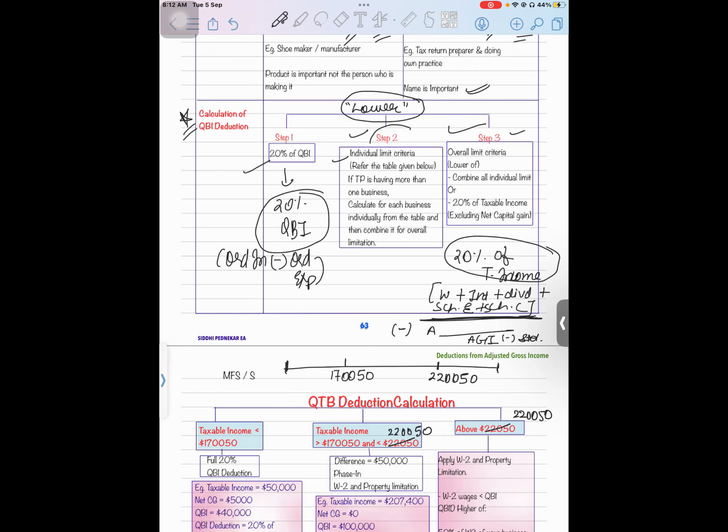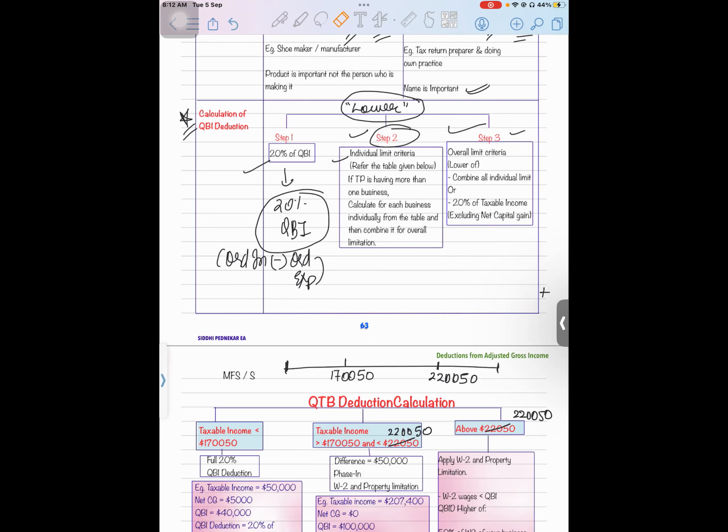Now, step 2. Before moving to step 2, any question till now, guys? This topic is very easy to understand. Question, Siddhi? Just one question. First we need to take 20% of QBI, and also we need to check the 20% of taxable income. Yes.